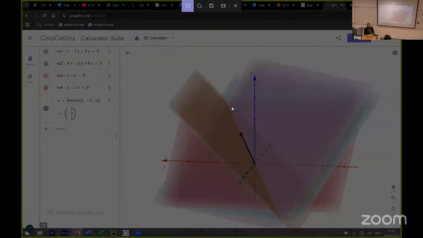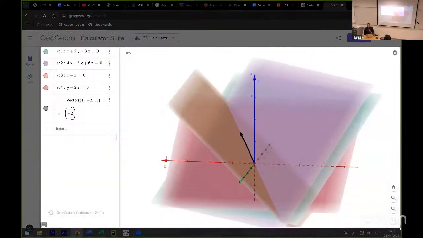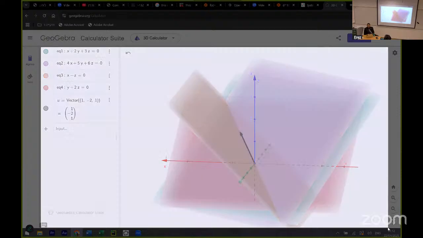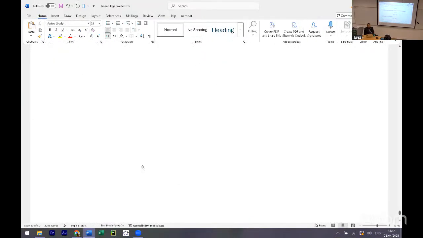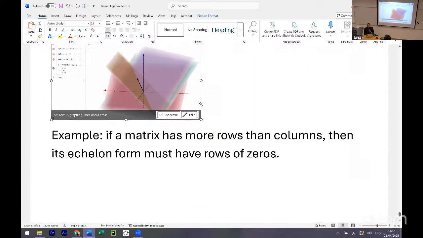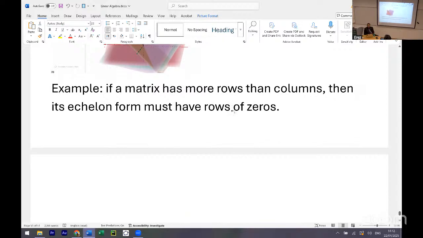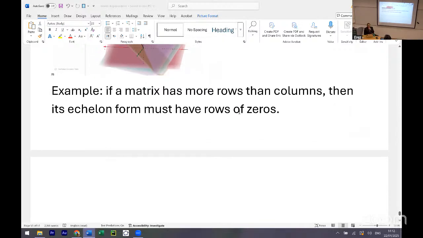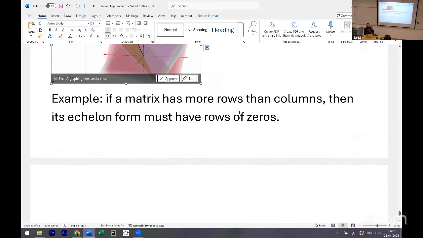Any questions so far? Yes, Thomas. What I was getting at is that the echelon form doesn't mean that after the pivot everything is zero except the free variables. Not in the row, just in the column. Yes.